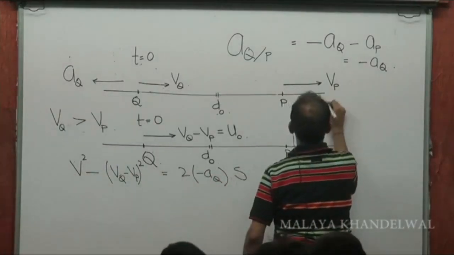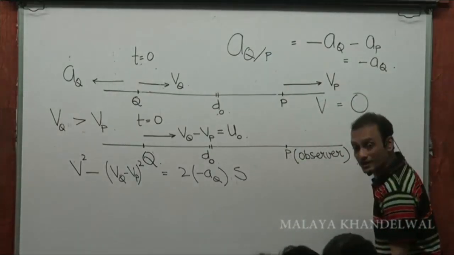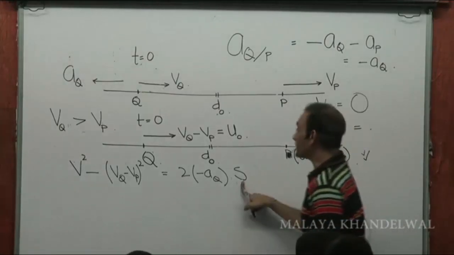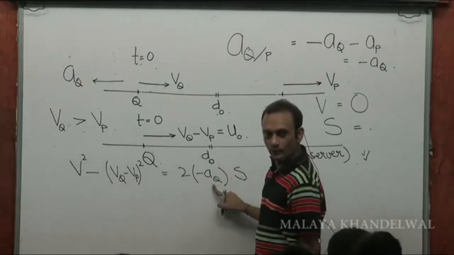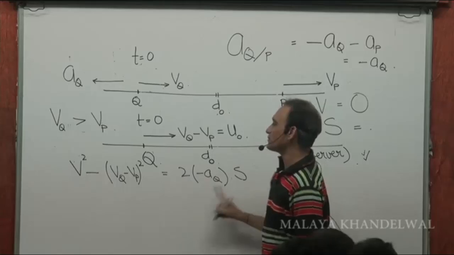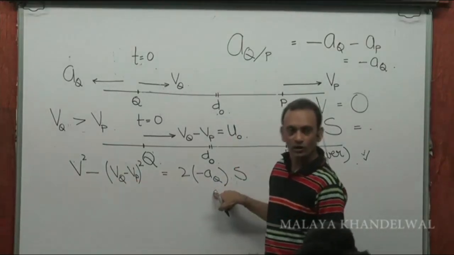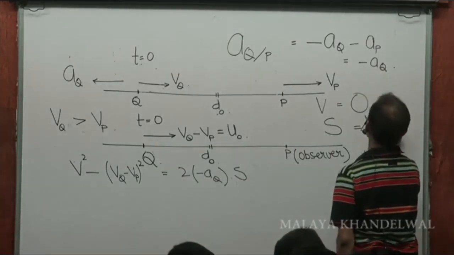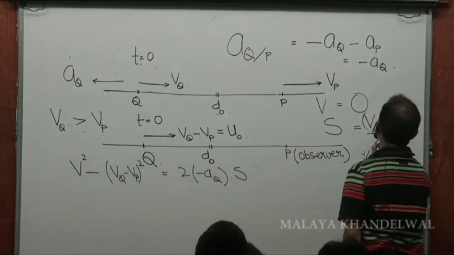So when V becomes 0, everything referred to this equivalent situation, the displacement of Q is going to be VQ minus VP whole squared divided by 2AQ. Put this equal to 0. Then what would be S? S would be VQ minus VP whole squared divided by 2AQ.